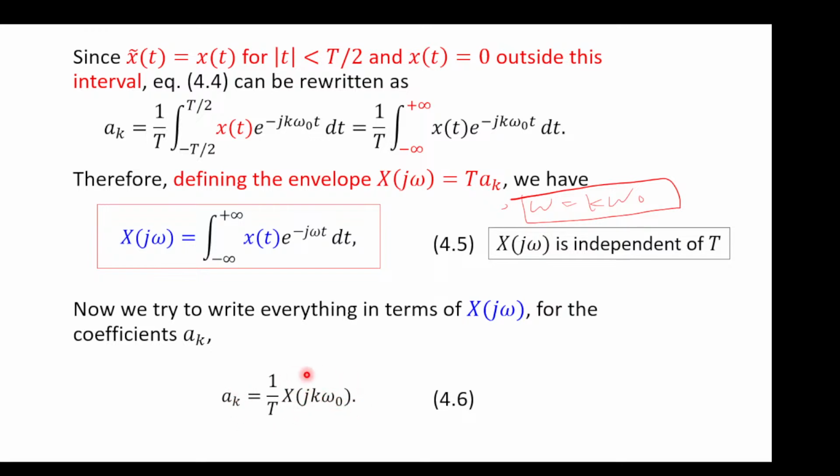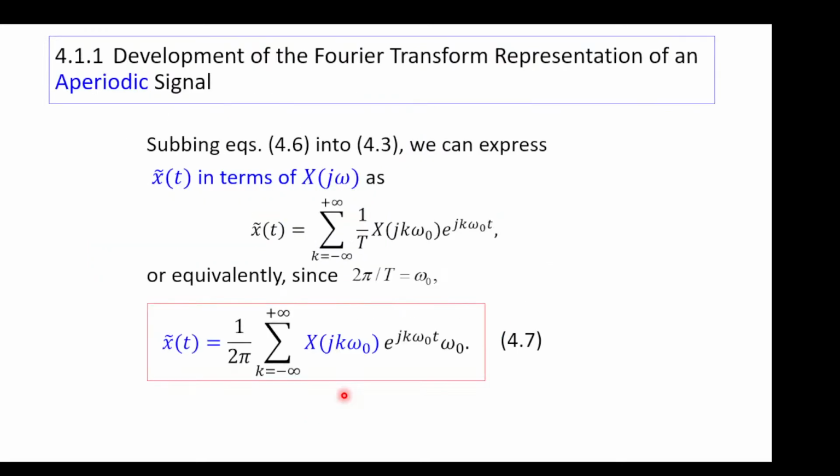So a_k is 1 over T times big X of j k omega naught, and then we can express x tilde through a_k. This is just our synthesis equation: x tilde is the summation of a_k e to the j k omega naught t.